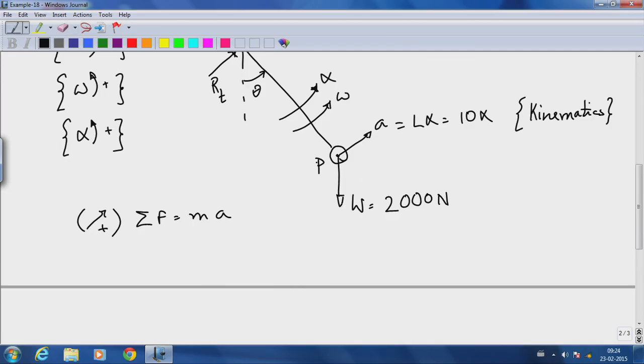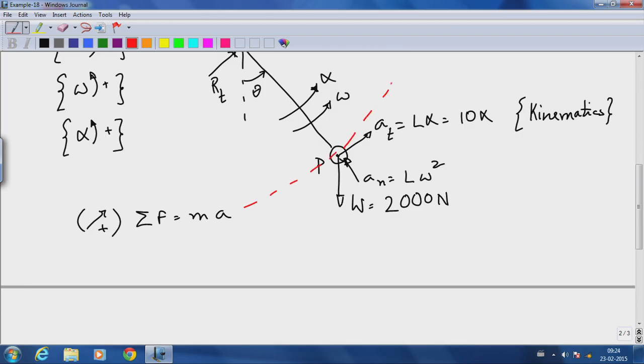If you go back to our kinematics, this L times alpha is only the tangential acceleration. There is also a normal acceleration which has magnitude L omega squared. Because the point P is tracing an arc, it is not moving on a straight line.